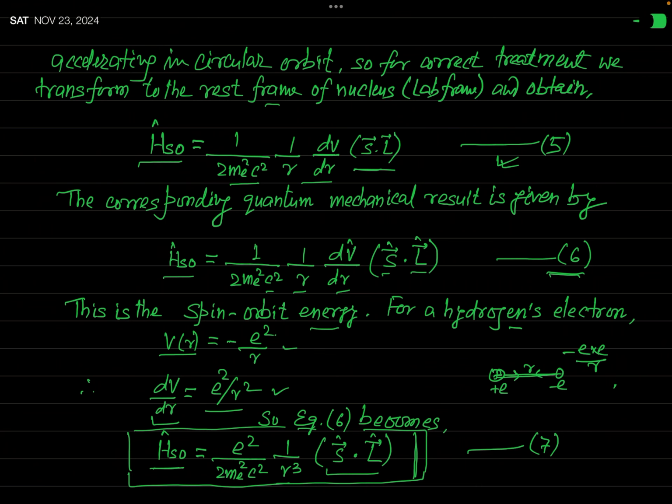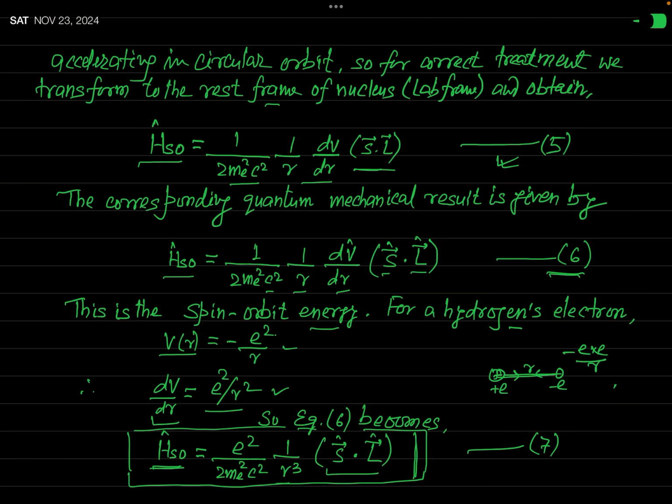So now when we talk about perturbation theory applied to explain the fine structure of the hydrogen spectrum, we have to find the energy correction, particularly to first order, in the case of the hydrogen atom. And what will be the perturbation term? Actually, this HSO will be the perturbation term.